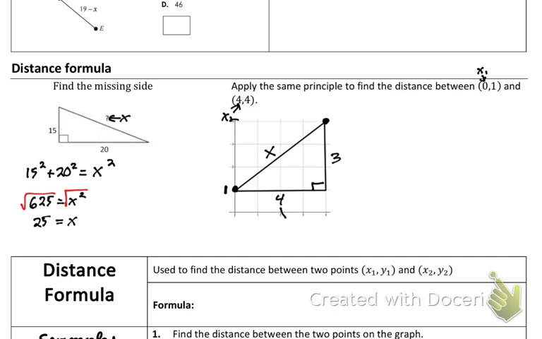If I want this distance right here, if I want this 4 without drawing and counting, remember we just do something minus something. So that would be x2 minus x1. So we will have 4 minus 0, which is our x sub 2 minus x sub 1. It is just something minus something.